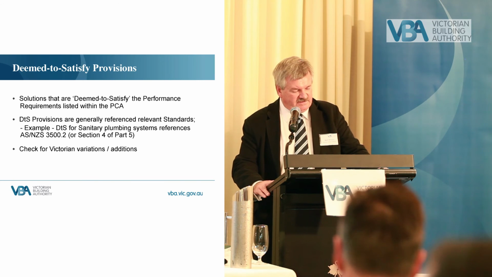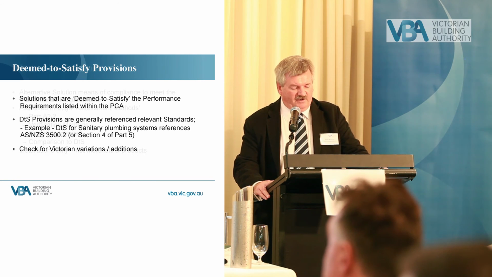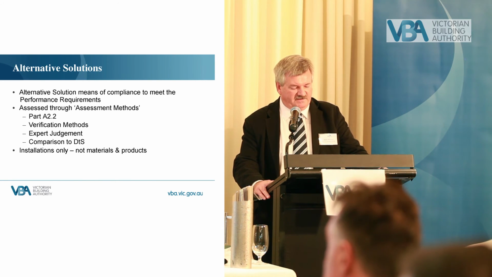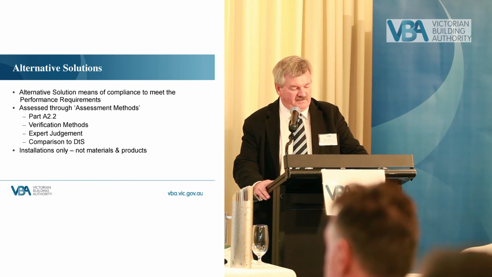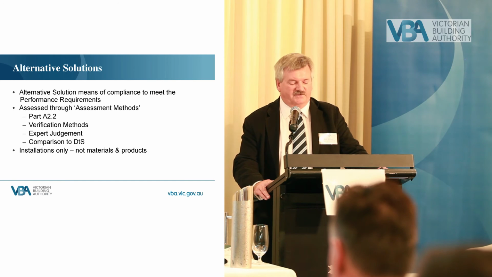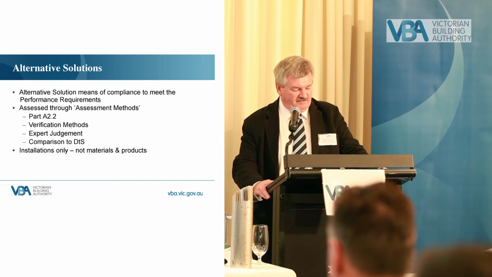Alternative solutions, as mentioned before, provide two means for achieving compliance through the PCA. The most common is the DTS method. The other means of compliance is through an alternative solution. Alternative solutions are included in the PCA to encourage new or innovative solutions that still meet the performance requirements. Alternative solutions are not the solutions contained in the deemed to satisfy provisions or reference standards.